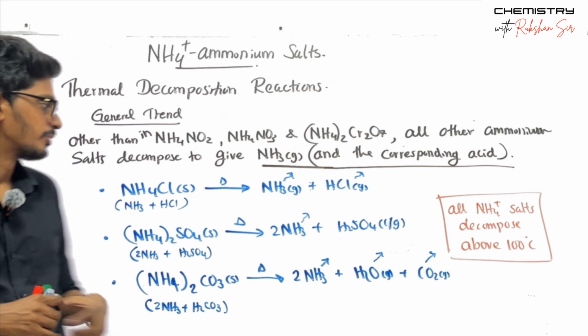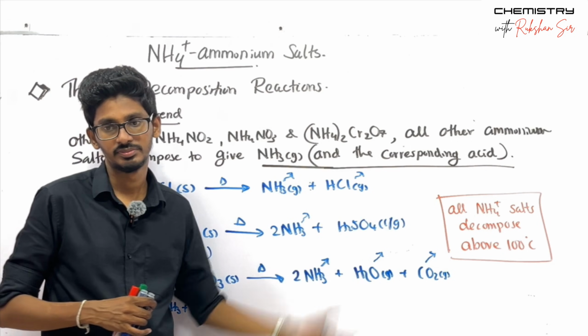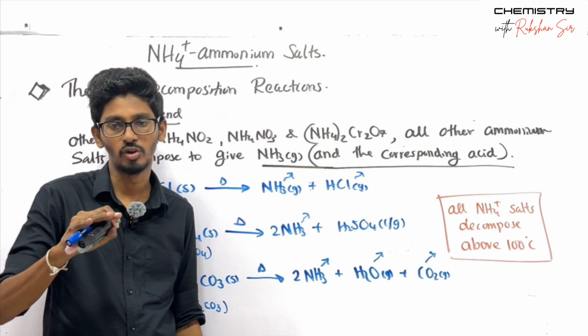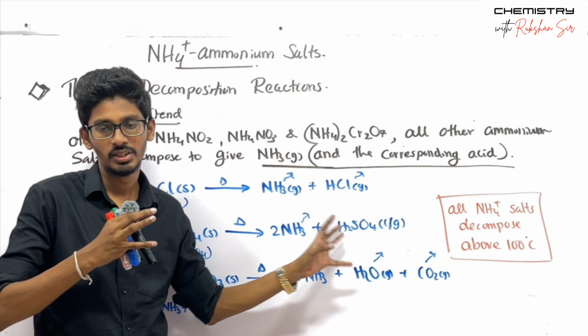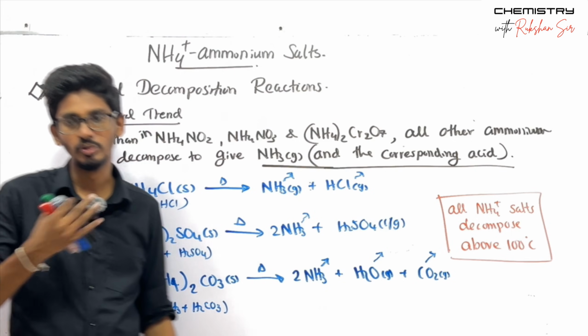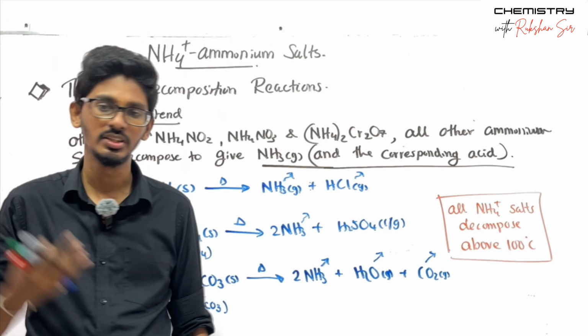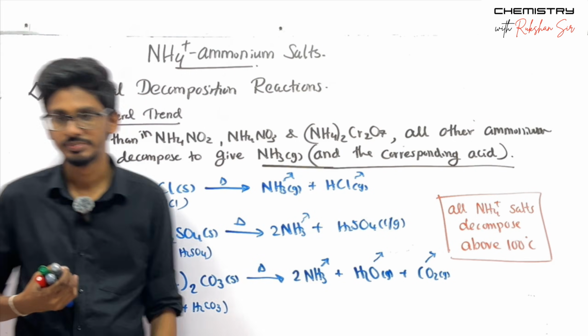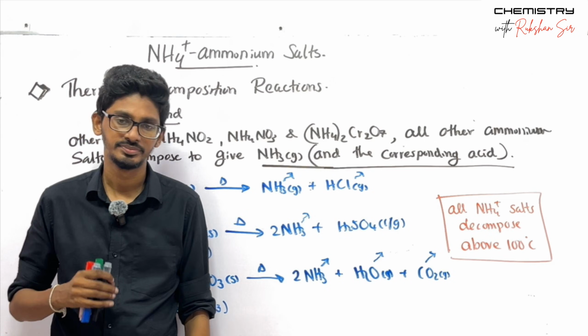But normally we observe gaseous products. No solids are formed, just gaseous products or liquids, with the normal decomposition trend giving NH3 gas and the corresponding acid. This is a normal trend.